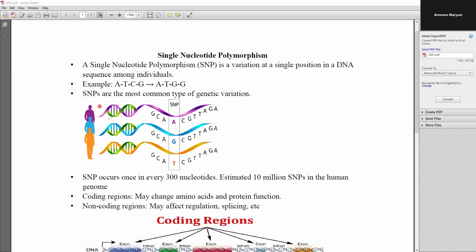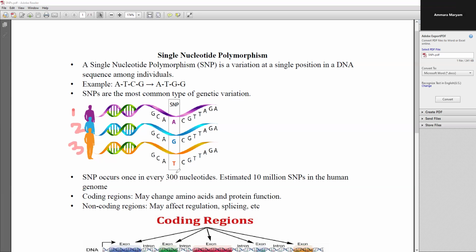Now, let's see this particular individual's sequence of a DNA. Let's say this is individual 1, this is individual 2, and this is individual 3. Now, when we talk about SNP, what is SNP? This particular individual has this sequence of the DNA, at a specific chromosome at a specific gene position.